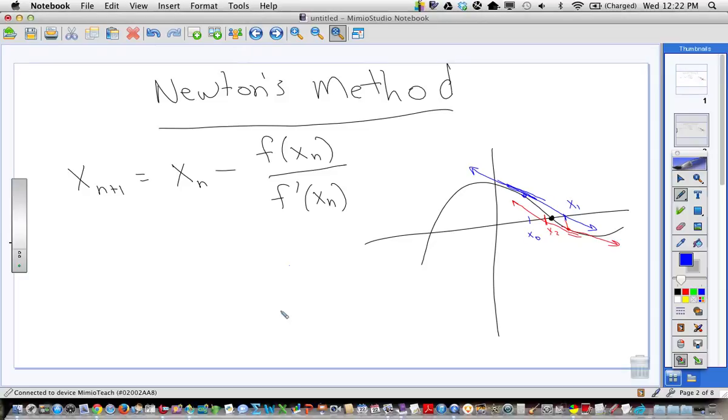So if we go back to what we were talking about yesterday, Newton's method is a method for finding where a function crosses the x-axis, which of course is a very important kind of thing because it's basically a way of solving any equation. Because any equation can be written so that you have 0 on one side, right?